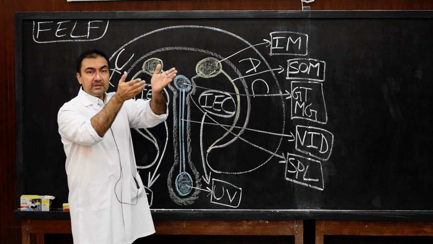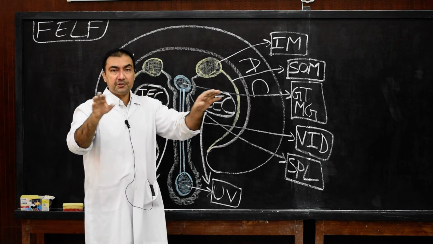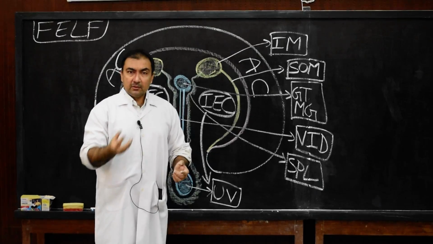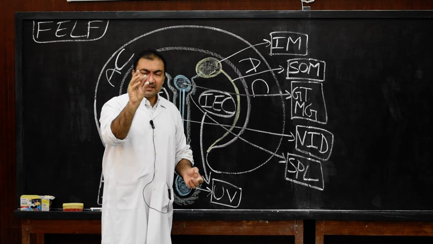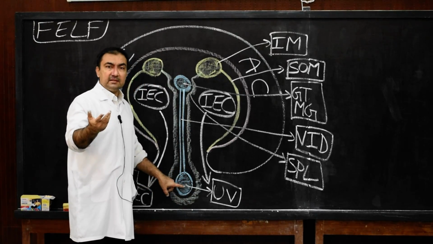As the yolk sac has gone inside the folding, it is converted into the primitive gut tube, which is foregut, midgut, hindgut. Only a small portion of the yolk sac, very much decreased in size, will be left here as umbilical vesicle.